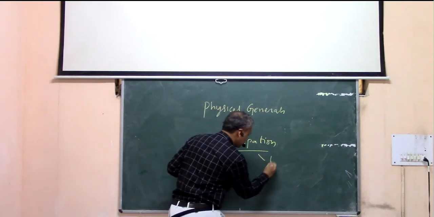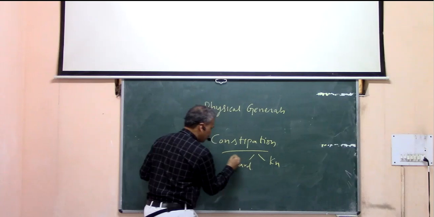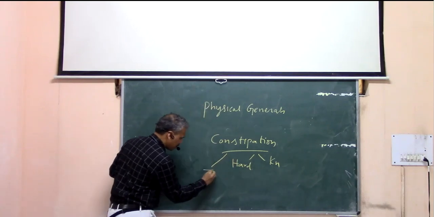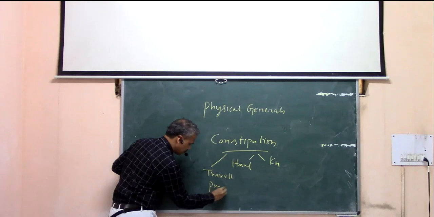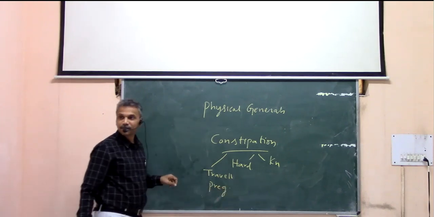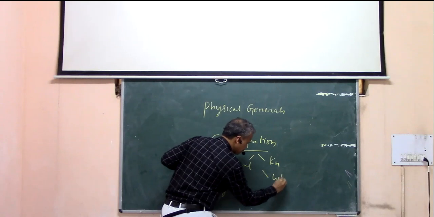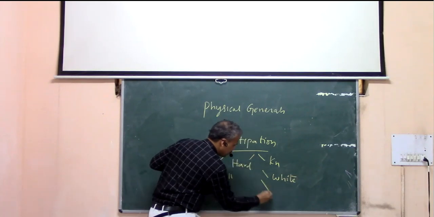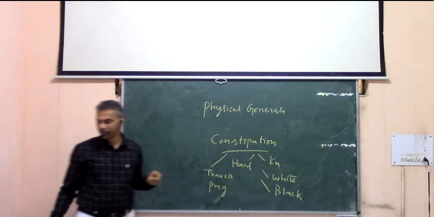Stools which are knotty, stools which are hard, and constipation in travelers and constipation in pregnant ladies. Hard, knotty, white is a different remedy. Hard, knotty, black is a different remedy.